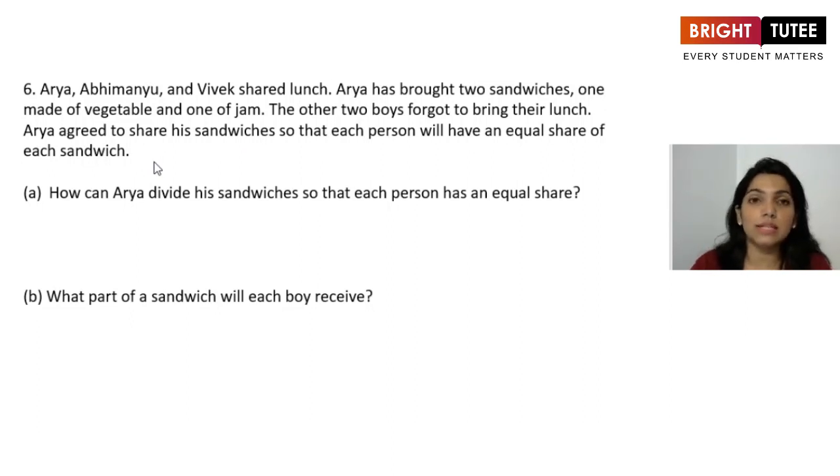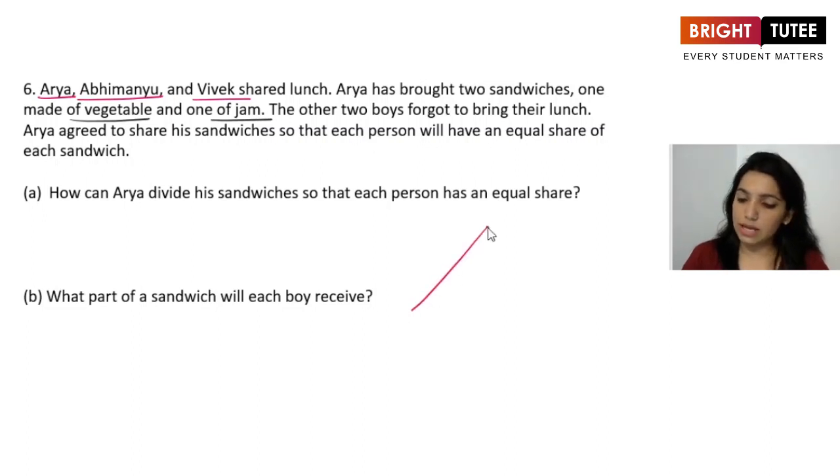So now, how many people do we have here? 3. Suppose this is a sandwich. Usually sandwiches are seen as triangles.